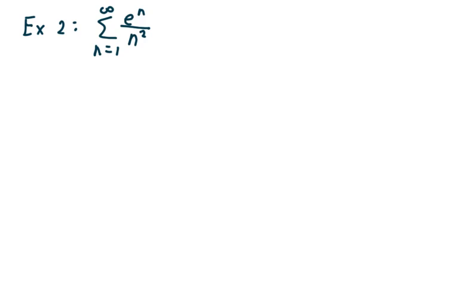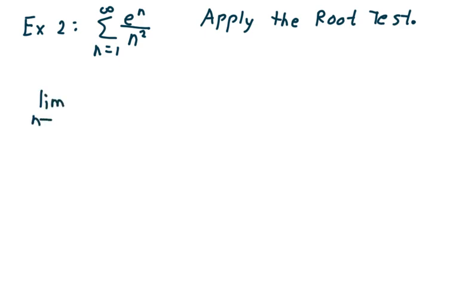So what I'm going to do is apply the root test. Okay? So I'm going to look at the limit as n goes to infinity of the nth root of e to the n divided by n squared.